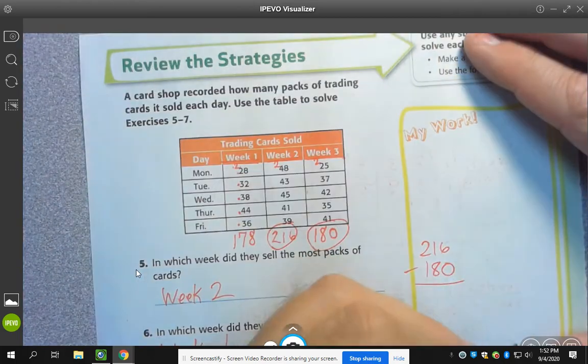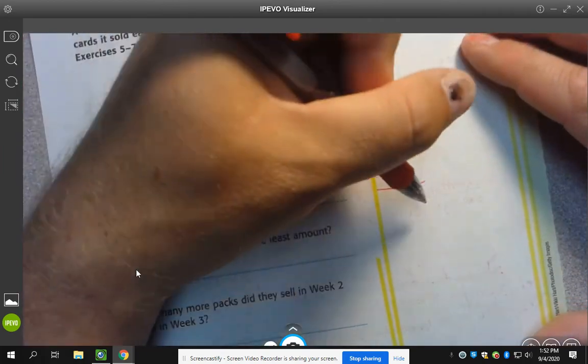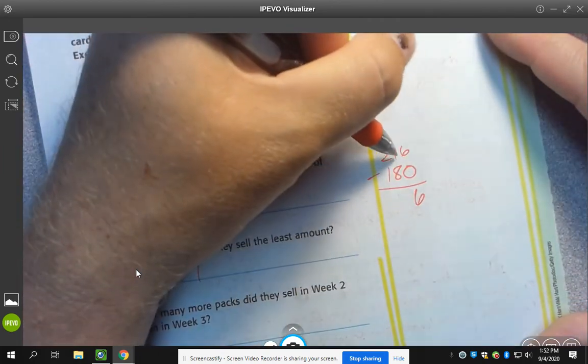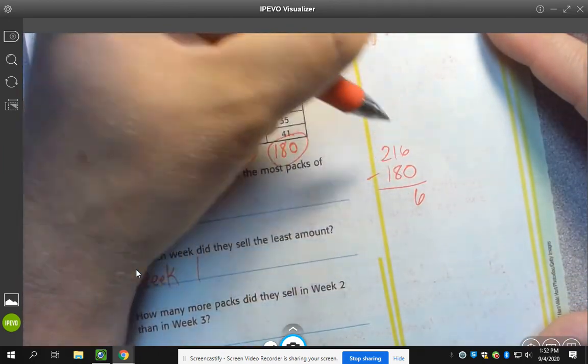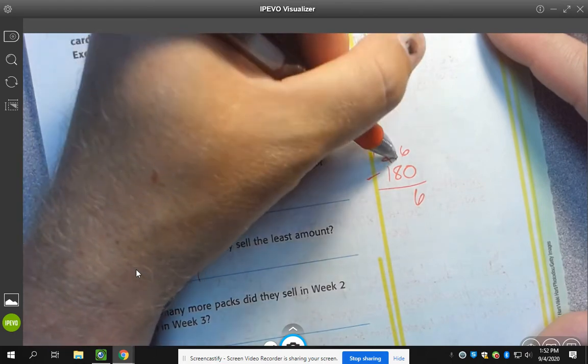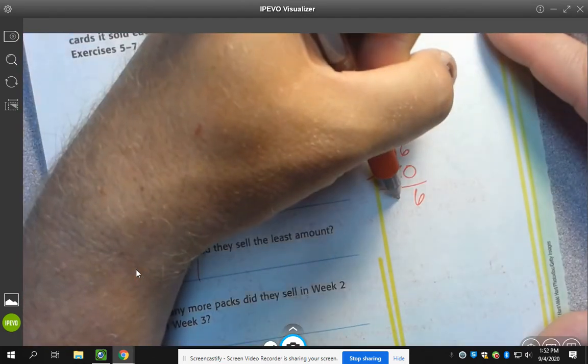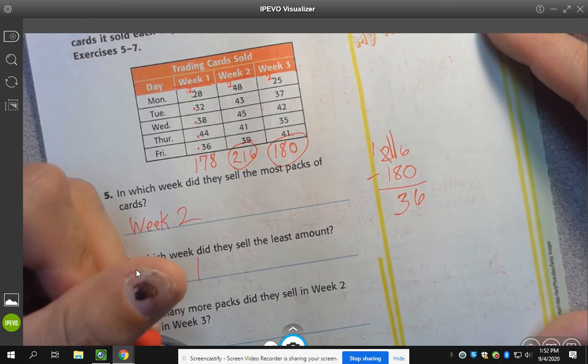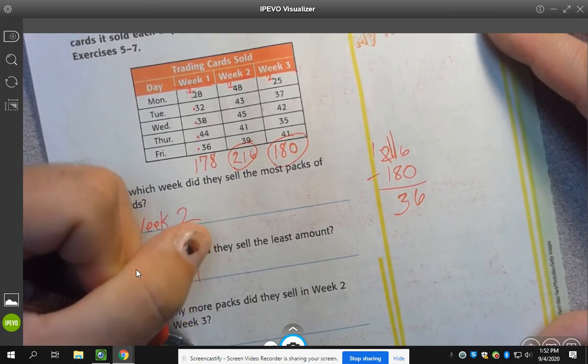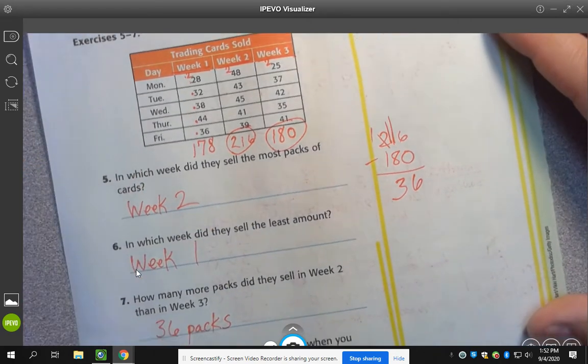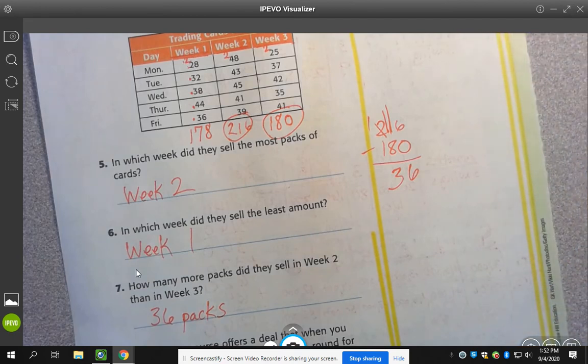What's 6 minus 0? Can we do 1 minus 8? Borrow. What makes us 11? What's 11 minus 8? So the answer is 36 packs. Some of the girls here need to focus.